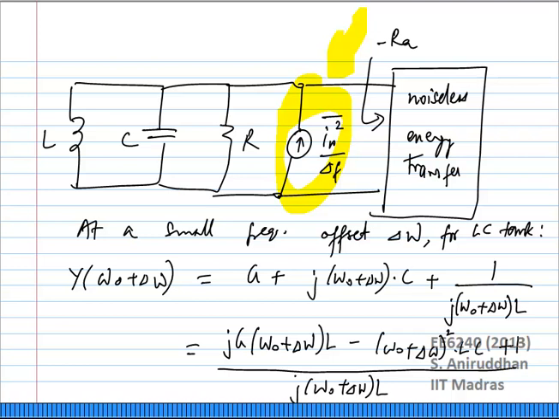This is not a linear small signal resistor. Similarly, the energy restoration happens only at omega naught to give you the fundamental oscillation. If you go a little bit away from omega naught, this energy restoration is not perfect. Remember, the way we have been looking at this minus RA, we have been assuming at omega naught the transistor switch is minus 2 over GM, right? That is not necessarily true.